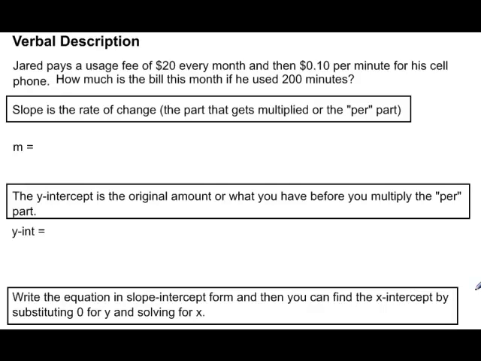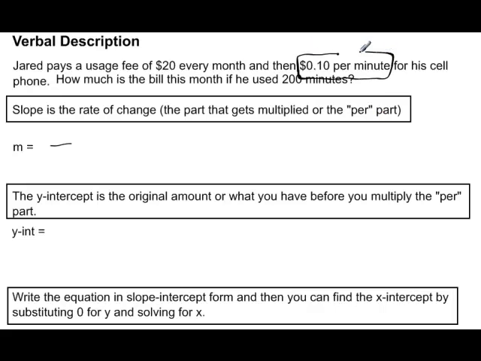We know that we can write this verbal description as an equation in slope-intercept form. We again just need the slope and the y-intercept. Well, we know slope is the rate of change. That's going to be that rate where we have the same thing happening over and over and over again. So that generally is the part that gets multiplied, or the per part, right here.